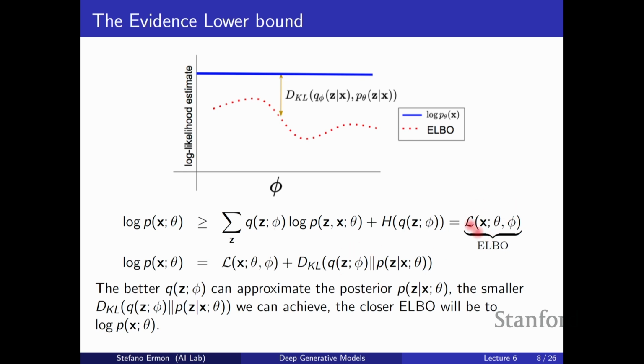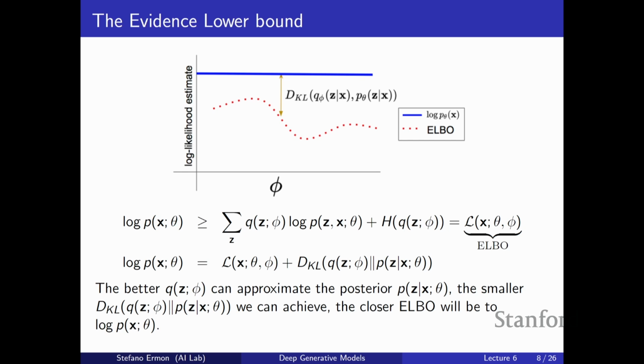By pushing up this quantity as a function of theta and phi, we're implicitly trying to reduce the KL divergence between the proposal distribution that we have, which is this Q, and the true optimal one that would require you to invert the neural networks exactly, which we don't know how to do. But how big the KL divergence is determines how much slack there is between the lower bound and the blue curve.